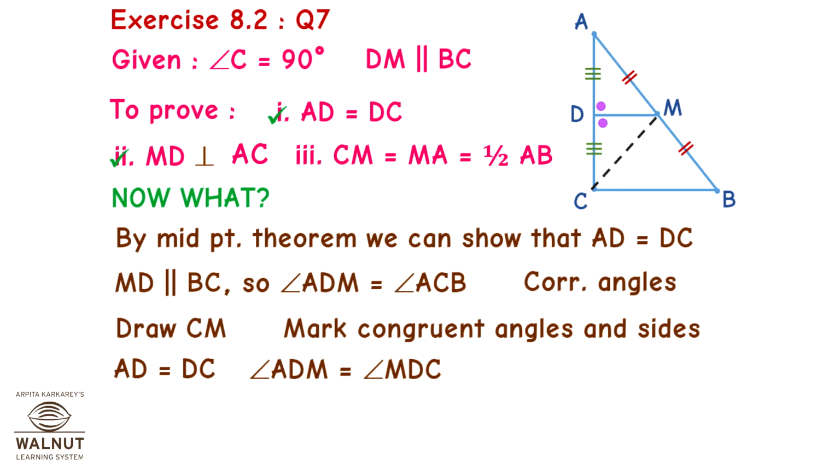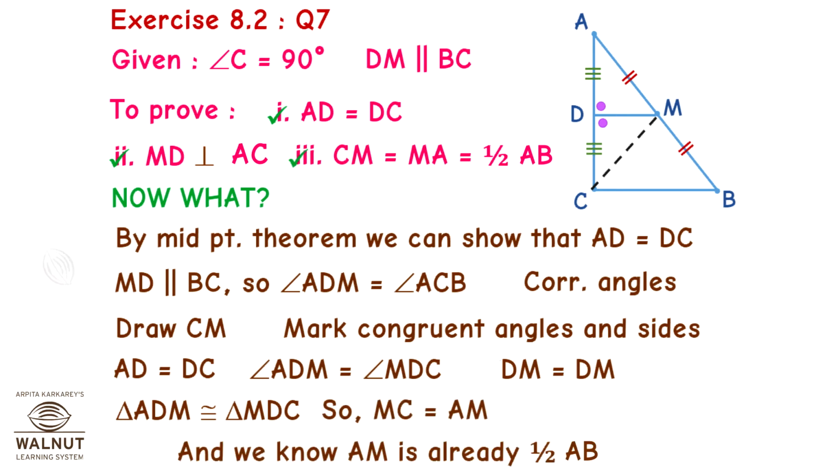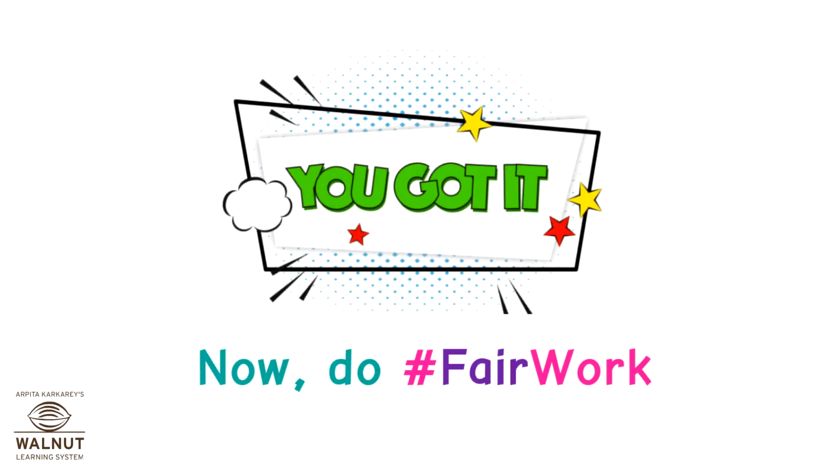Angle ADM is equal to angle MDC. DM is equal to DM. Therefore, triangle ADM is congruent to triangle MDC, so MC is equal to AM. And we know AM is already half AB. You got it. Now, do fair work.